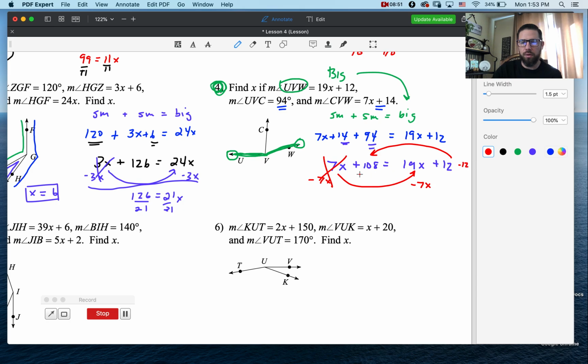We'll say minus 12, minus 12. 108 minus 12, 96, I think, equals, what is this guy, 12x? 12 times 8, 12 times 6, 7, 8. It's got to be 8, right? X equals 8. Boom.